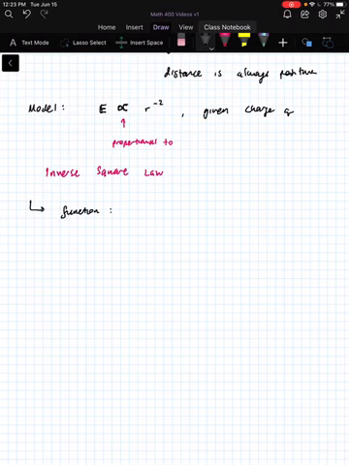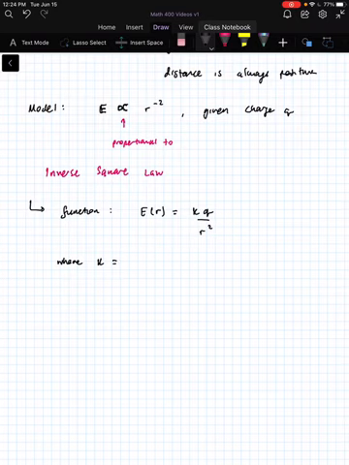And we find that the actual function that governs this relationship is E as a function of r is equal to k times Q over r squared. Let's make that more clear.